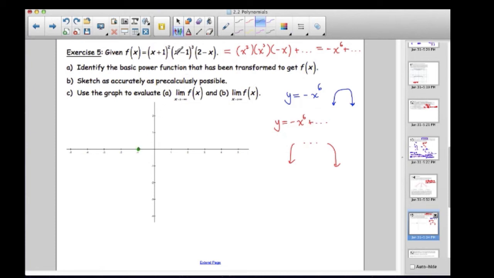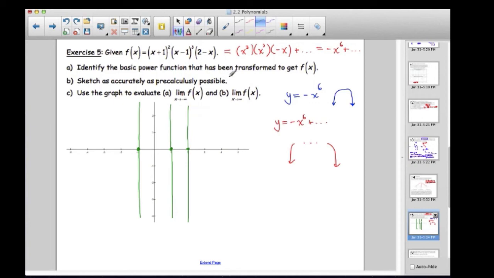The x-intercept from the second factor is positive 1, and the x-intercept from the third factor is 2. I'm going to use very light lines to create regions or intervals of x values. With 3 cuts on the x-axis, I have 1, 2, 3, 4 regions. For now, we have to ignore that the y-axis is there.